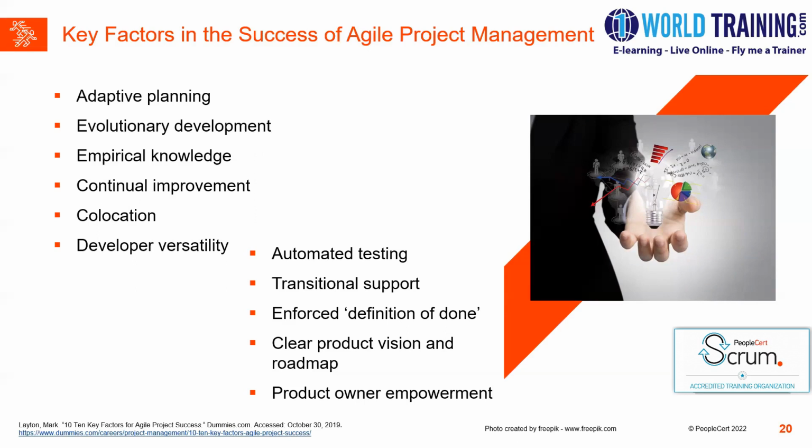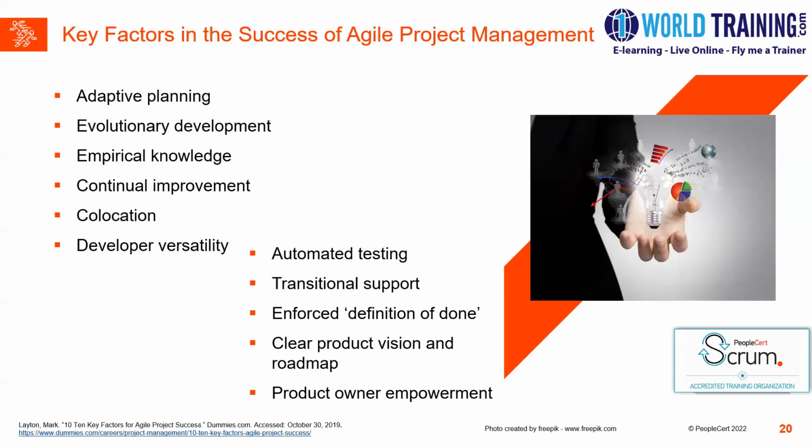As the requirements evolve over a period of time, the development team should be able to carry out the changes or carry out the development as part of that evolutionary development. So evolutionary development is also a critical success factor for agile project management. Team having empirical knowledge is the most important thing.